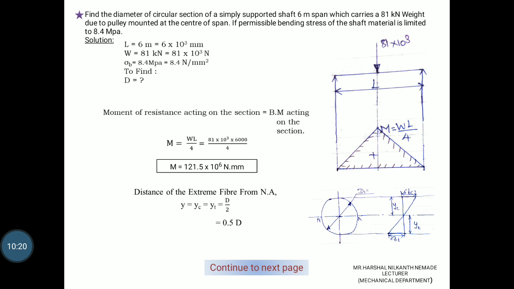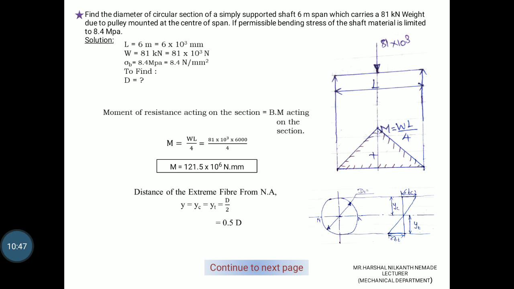Moment of resistance is equal to bending moment acting on the section. M is equal to WL upon 4. Substitute value, I will get M is equal to 121.5 multiplied by 10 raised to 6 Newton mm. Distance of the extreme fiber from the neutral axis, Y is equal to YC is equal to YT is equal to D upon 2.